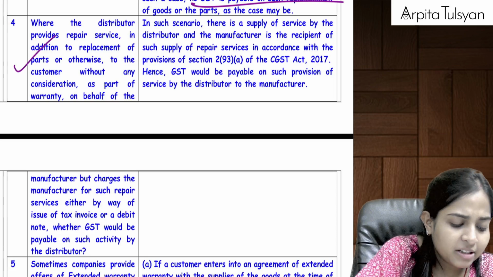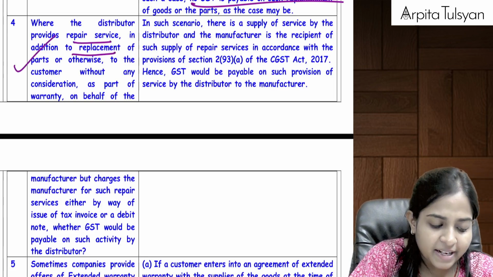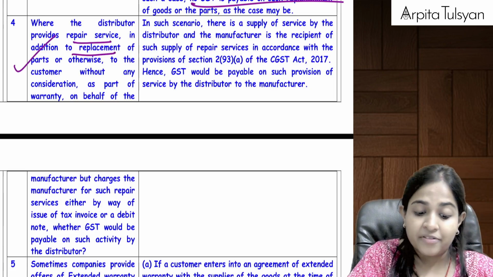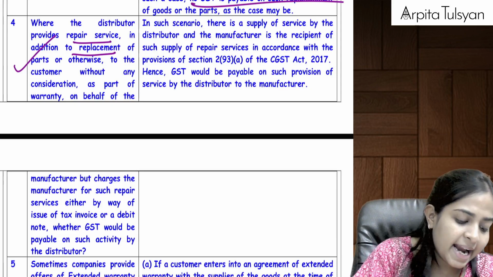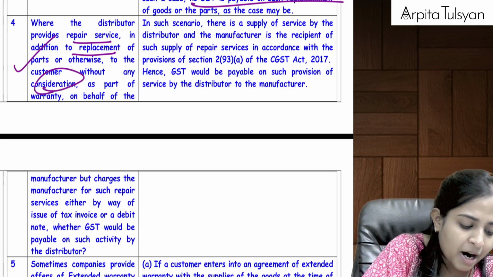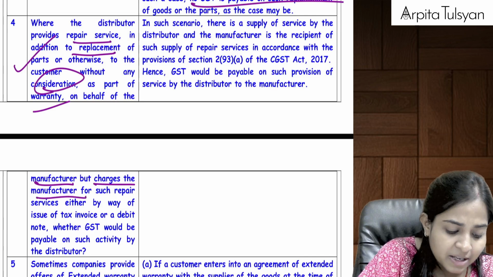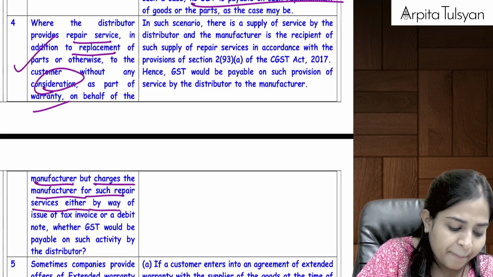Then the last two cases. Now, if the distributor provides repair service in addition to replacement to the customer without any consideration as a part of warranty on behalf of the manufacturer, but charges the manufacturer for such repair services.